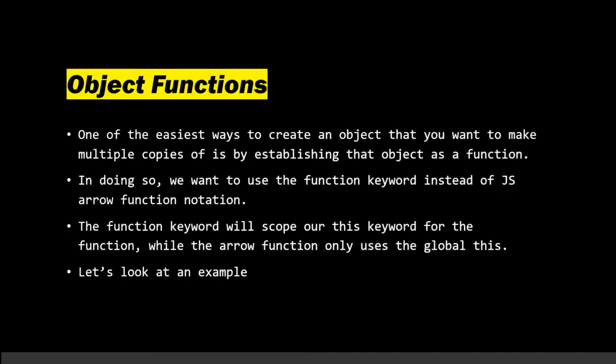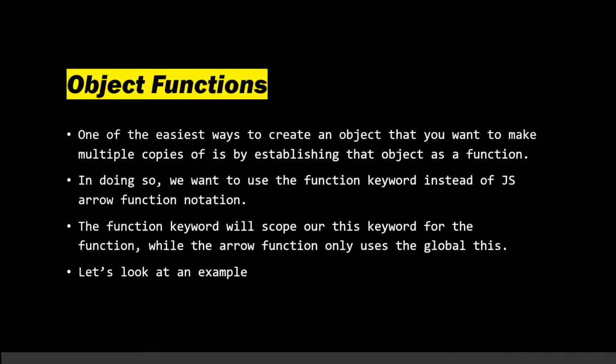Now, in doing so, we want to make sure that we're using the function keyword instead of the JavaScript arrow function notation, because one of the things that we're going to want to use is the this keyword. When we use arrow notation, the this keyword works much differently than it does in a standard function.